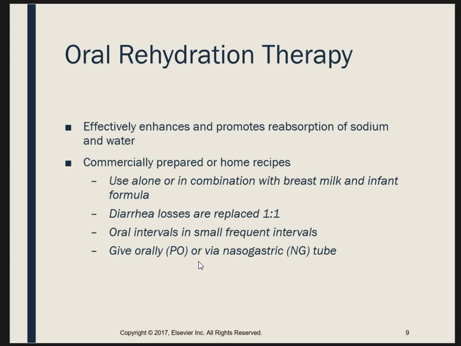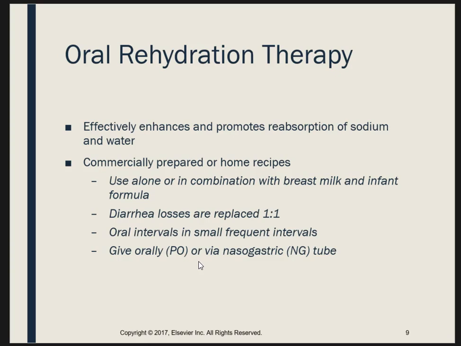So when we're talking about either one, rehydration, the replacement is going to be a 1-to-1 loss, okay, for diarrhea. And this is where you're educating families on giving it in little bits at a time. I'm talking about like a tablespoon every 10 or 15 minutes, dependent upon how severe it is and if the diarrhea is happening in conjunction with nausea and vomiting, which typically go hand in hand, but not always.